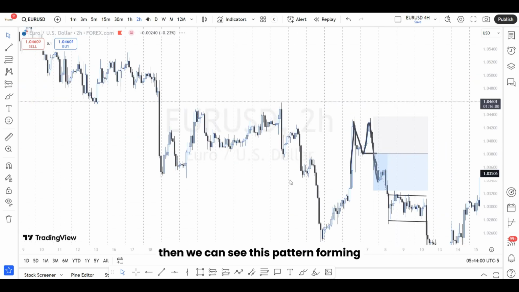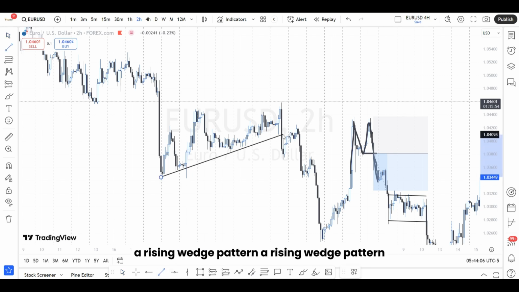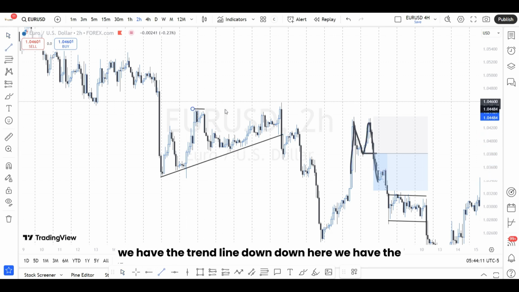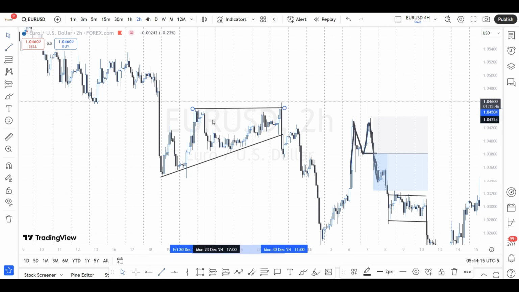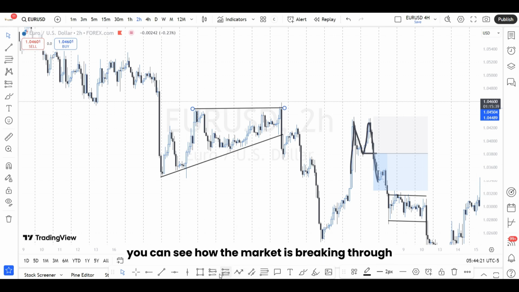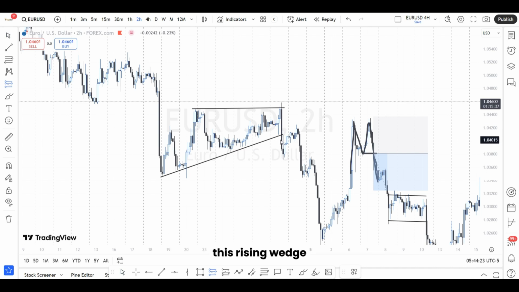Then we can see this pattern forming a rising wedge pattern, and we have the rising wedge here. We have the trend line down here. We have the support or the resistance level up here. So in this rising wedge pattern, you can see how the market is breaking through this rising wedge.